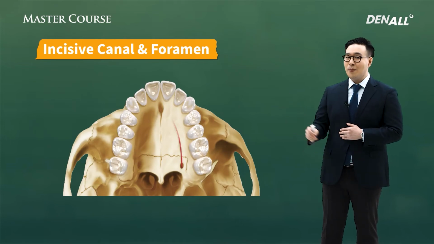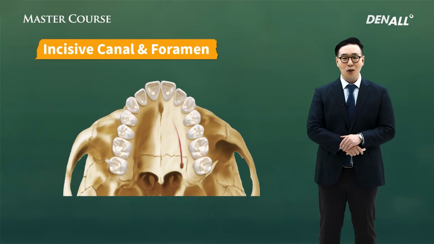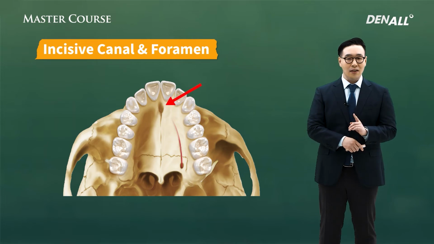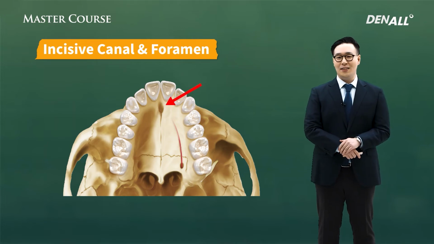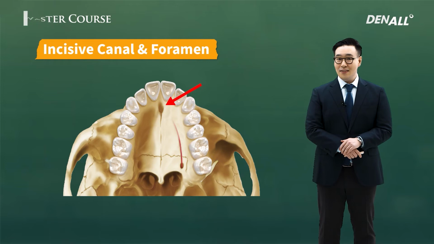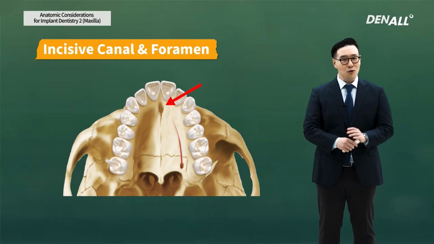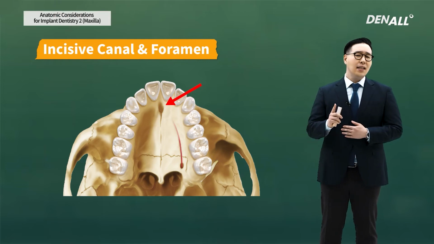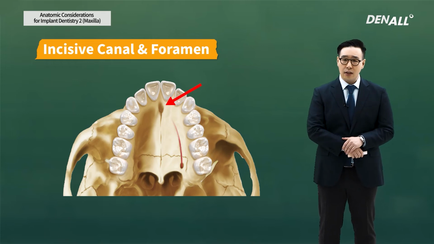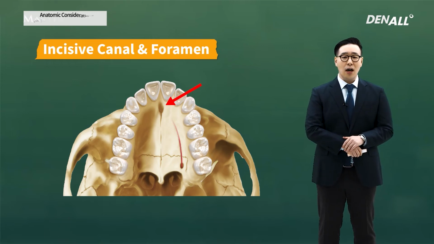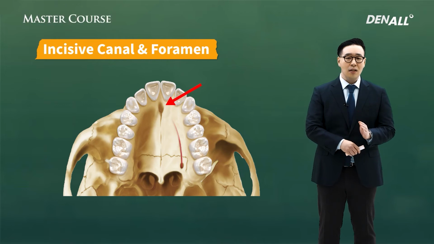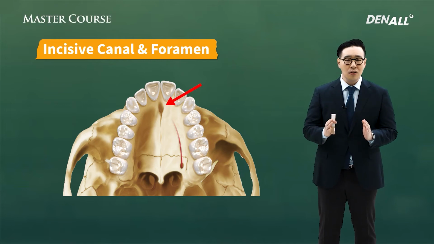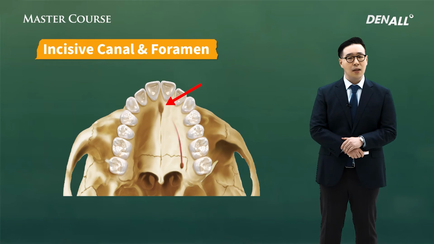But in the clinical setting, when you place an implant, the central incisor canal can sometimes be a problem. First, this incisive canal can be too big. For ideal central incisor implant placement, some of the fixture could inevitably end up in the incisive canal.